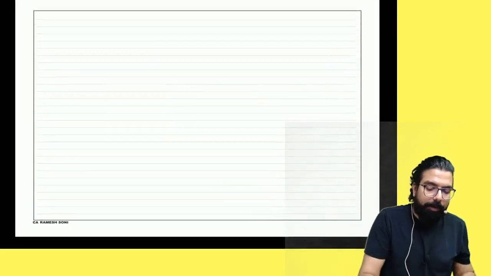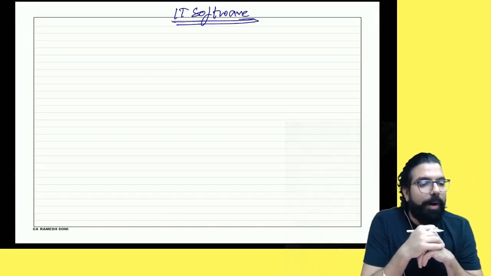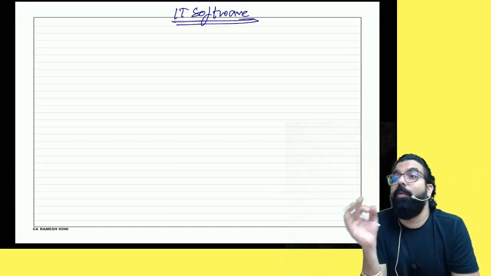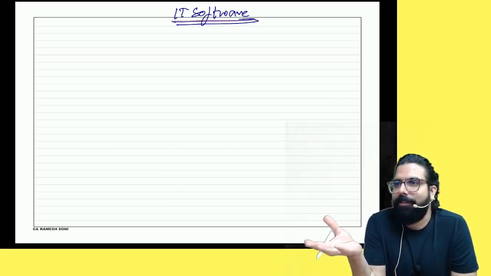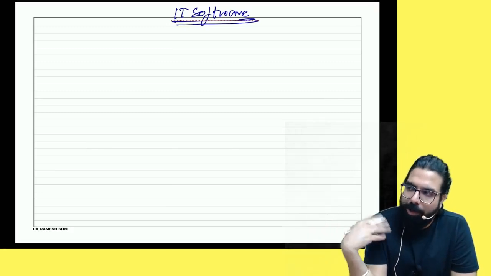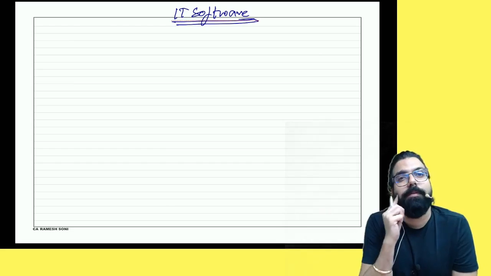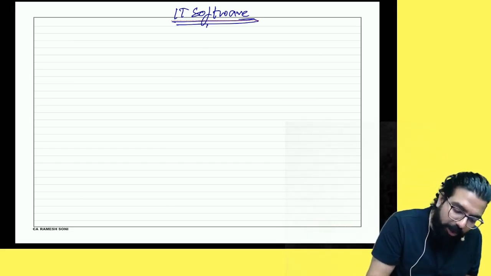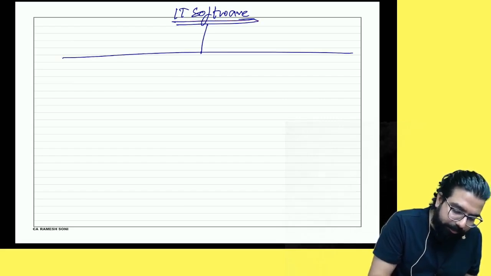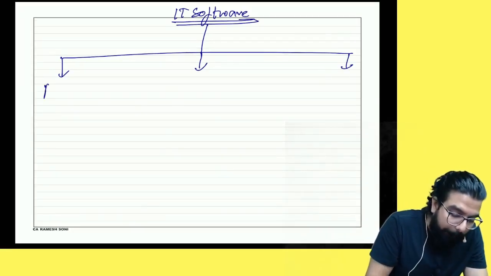IT software. People, what is IT software? Information technology software. Just like you, I also told the full form. What is information technology software, everyone? Tally? Okay. Softwares are of three types, everyone. Listen. One is pre-packed software.